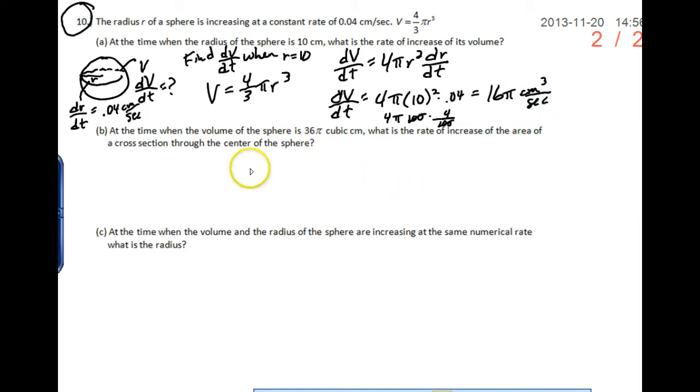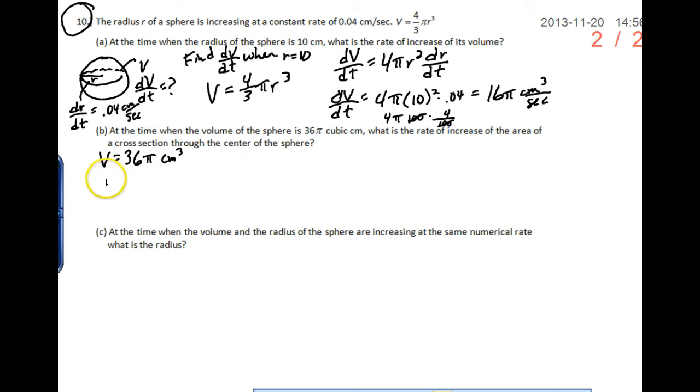So next, B, at the time when the volume of the sphere is 36 pi cubic centimeters, so V equals 36 pi centimeters cubed, what is the rate of increase of the area of a cross-section through the center of the sphere?